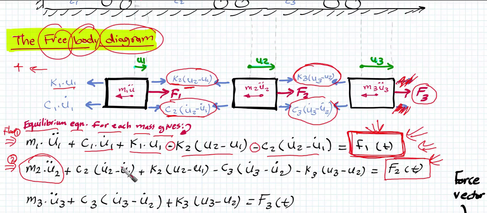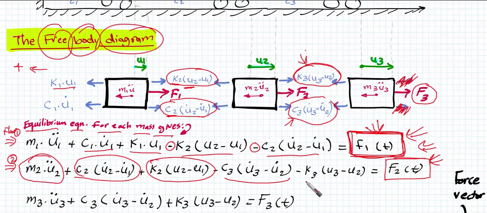Then we find the damping resistance and stiffness resistance from the third floor, which are this term and this term. Take care, they are minus here, because, as we said, we are taking the global left to be the positive direction. And then the right hand side is the force being applied.